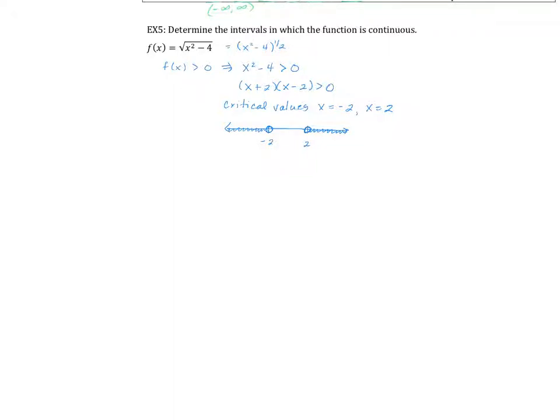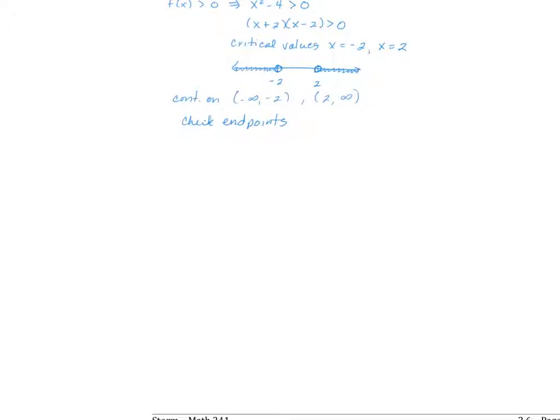Alright, so what that means is this function is continuous on the following intervals: negative infinity to negative 2, comma, not union, 2 to positive infinity. Now all we have to do is check the endpoints to see if we can include them. That means we want to take the limit and see if the limit is equal to the value of the function.